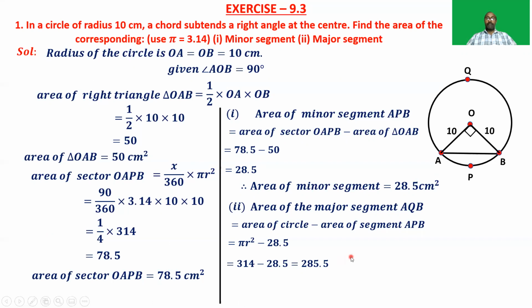So area of the major segment AQB is 285.5 centimeters square. Okay. So this is the process of finding areas of major segment and minor segment. So take the next one.